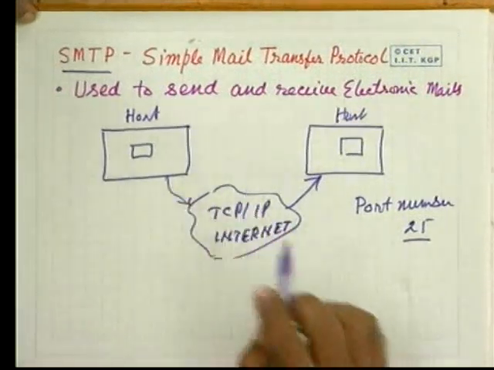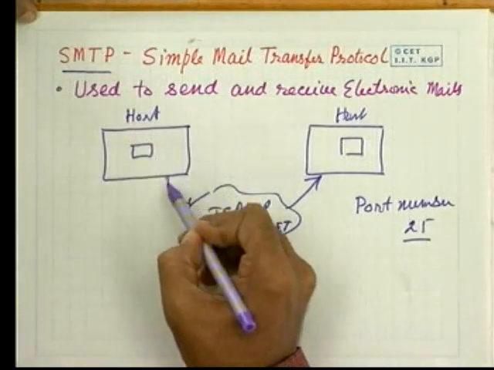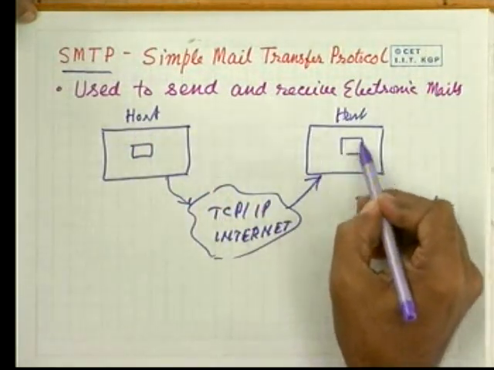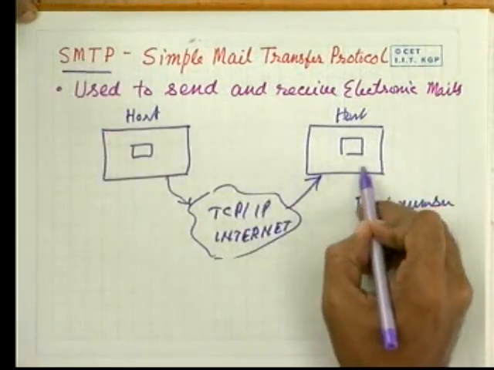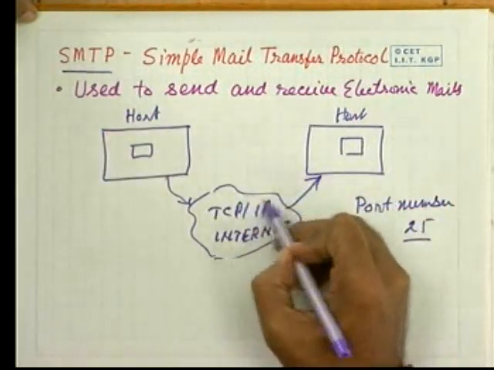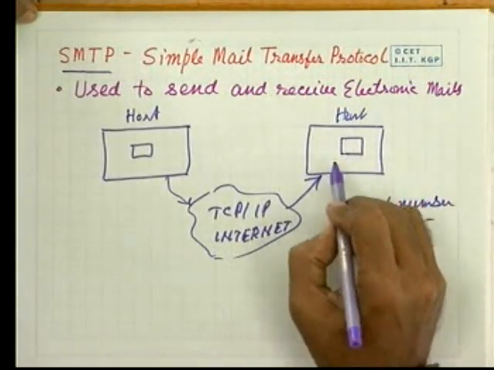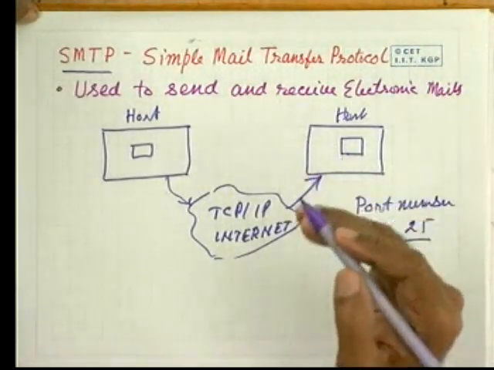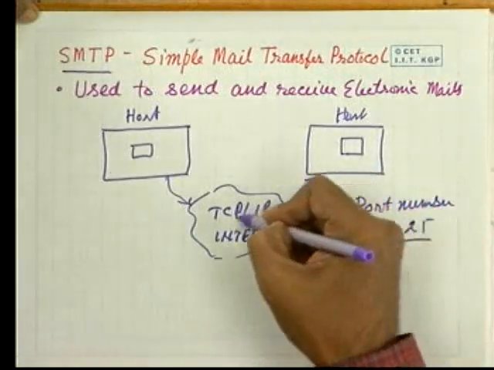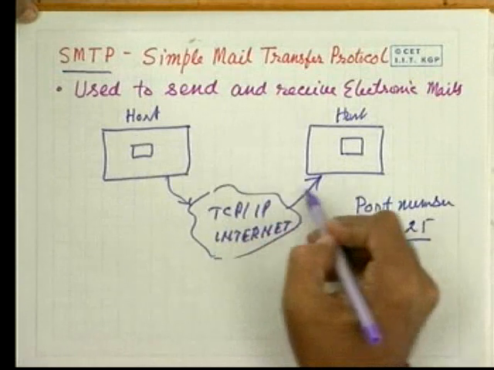And what happens whenever the host sets up a connection, a daemon which talks SMTP works in this host system, and it accepts the email and stores it in a suitable place in the mailbox. However, if the mail cannot be delivered, then this host will send an error message to the source host through the same path.